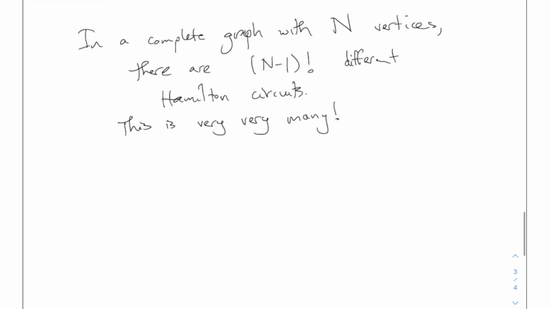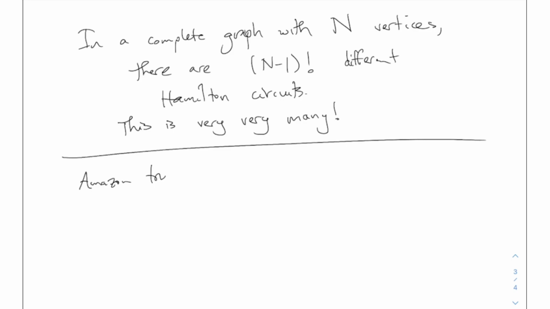For example, the Amazon truck, right? Amazon truck with 150 packages. Remember, this makes a giant graph with 150 vertices plus the home base, the warehouse.